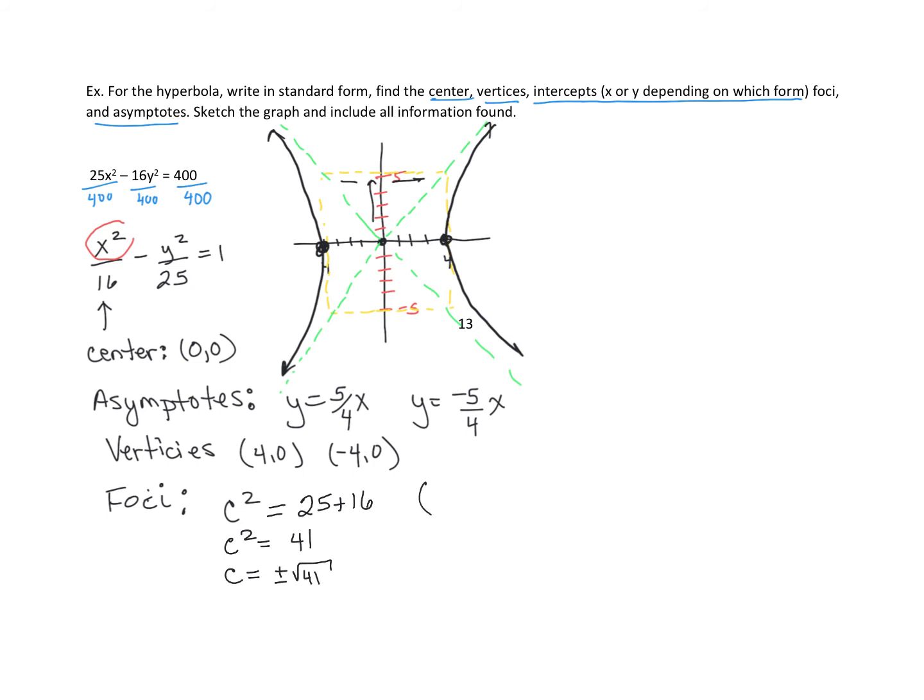So my foci are root 41 comma 0 and minus root 41 comma 0, which is a little bit more than 6, because 6 squared is 36. We get 6.4. So 4, 5, 6, put it here and here. These are our foci.